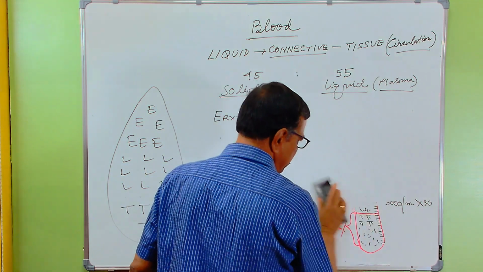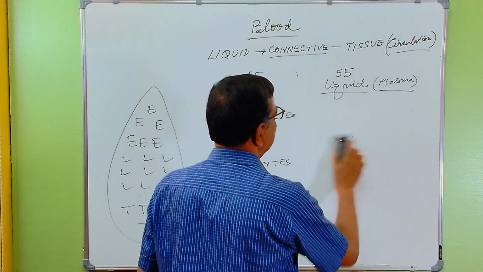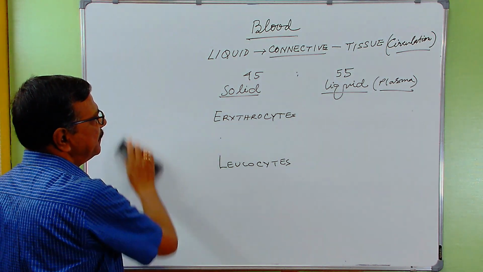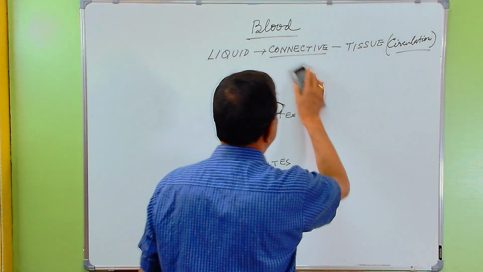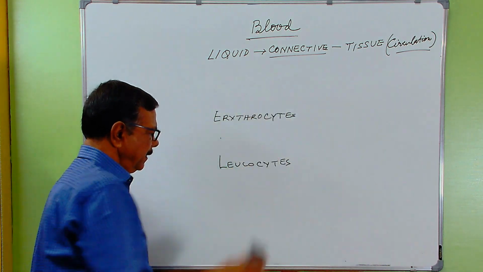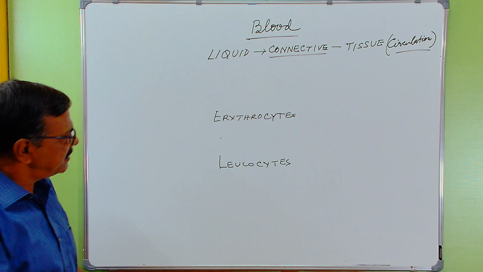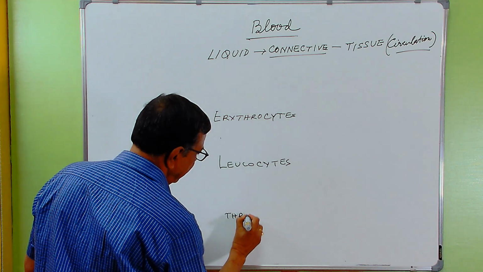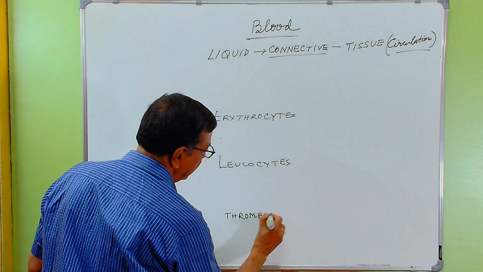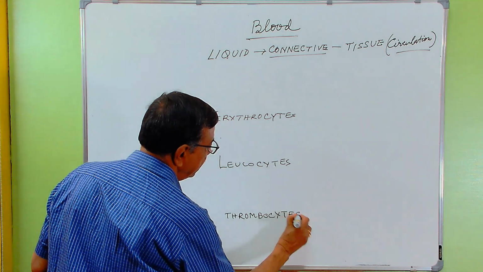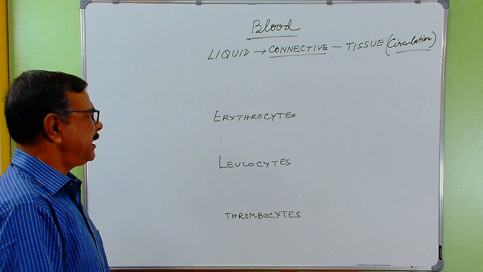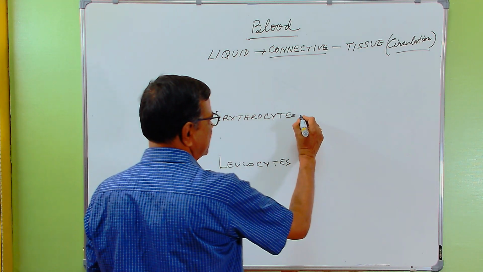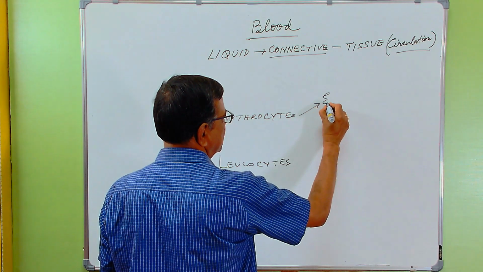Our main intention is what is there inside the blood: erythrocytes, leukocytes and thrombocytes. If the erythrocytes increase within the blood, the condition is known as erythrocytosis.